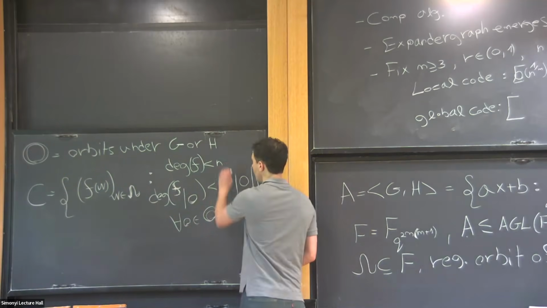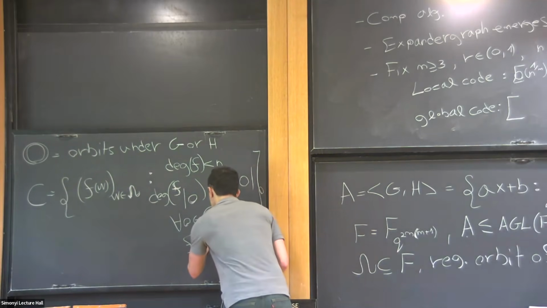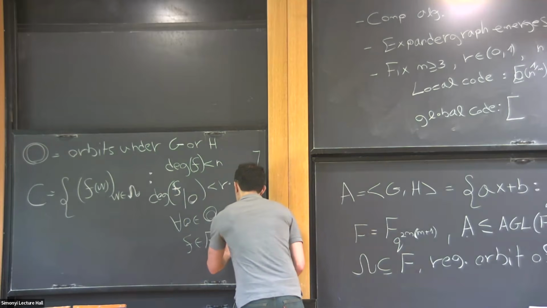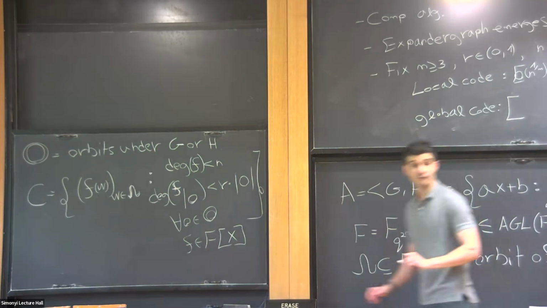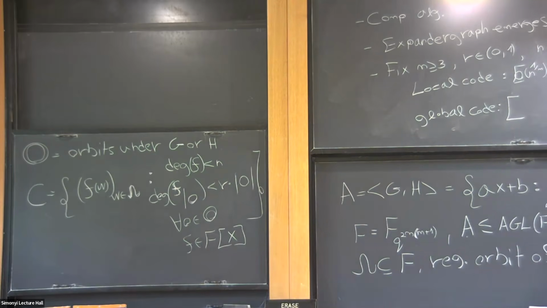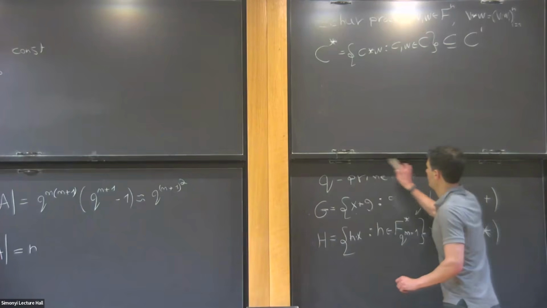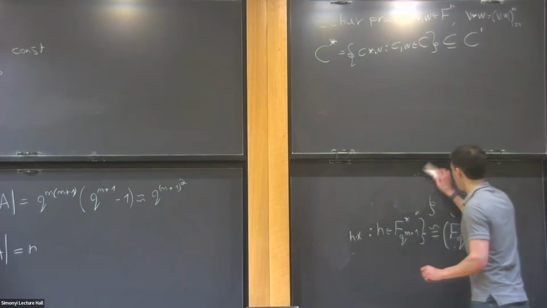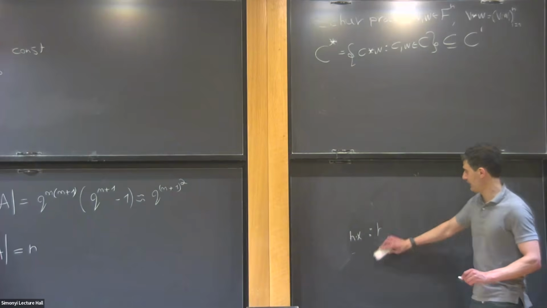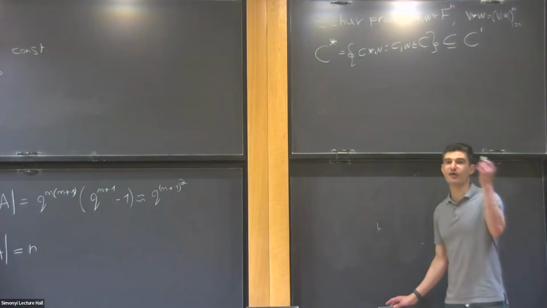So F is a polynomial in the ring of polynomials. And what is F restricted to O? You just take the smallest degree polynomial that explains F on this set.